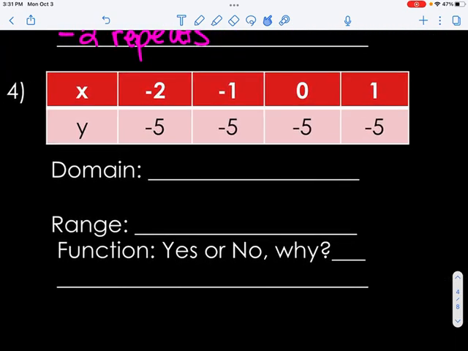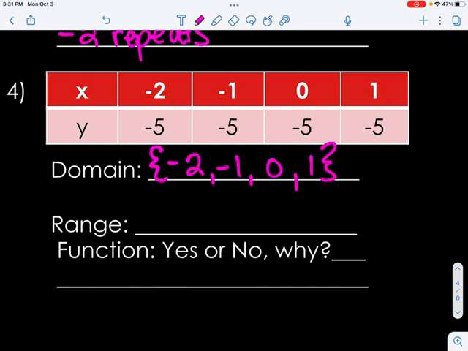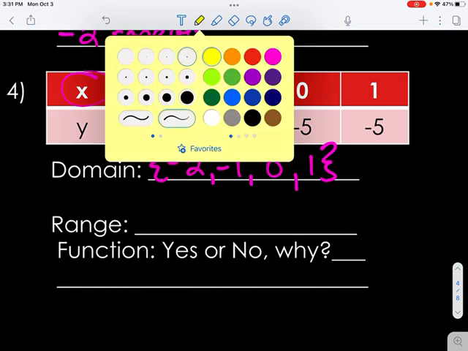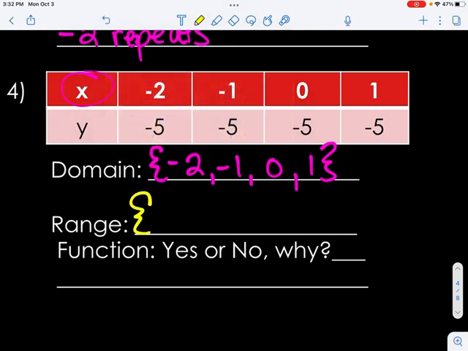Okay, here on number 4, we do very similar. We start off and we go -2, -1, 0, and 1. There's our domain, our x values. Then we come back to do our range values, and that would just simply be -5. Now, be very careful here because a lot of people would say this is not a function, but it is a function.